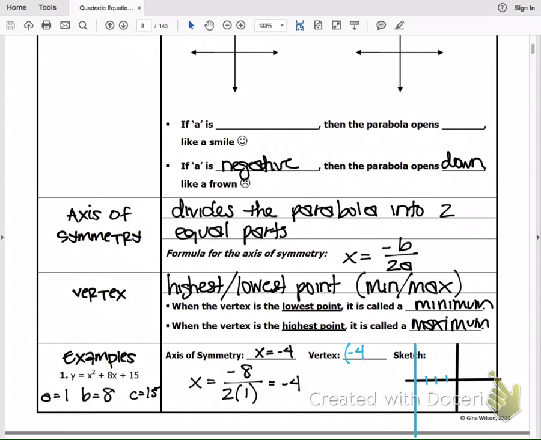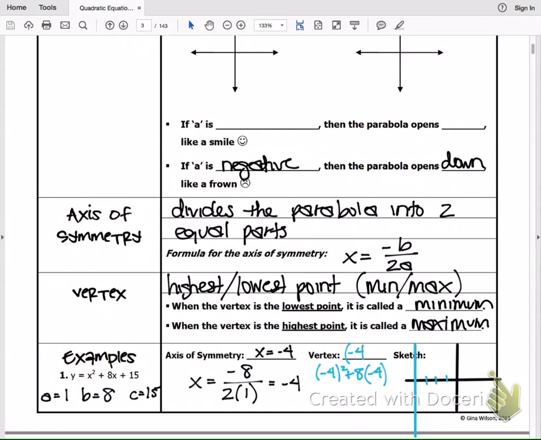Any ideas on if I have an x value, how I could use it to find a y value that goes with it? Yes. What could we do? I could go back to my equation and I could plug it in. Okay? So your original equation is x squared. What is my x value that I'm using to plug in? -4 squared plus 8 times what?